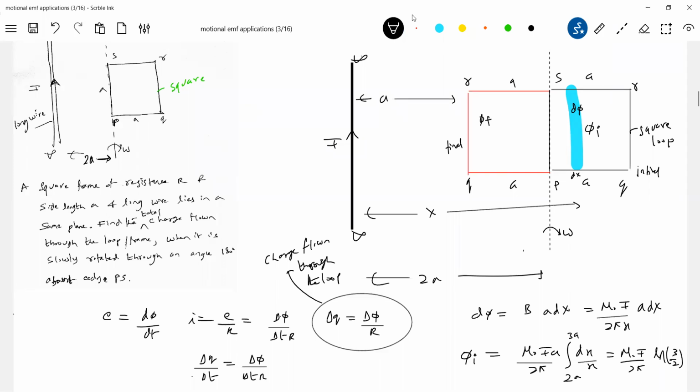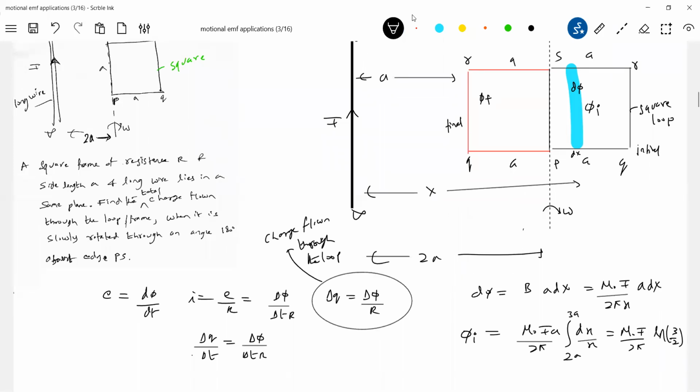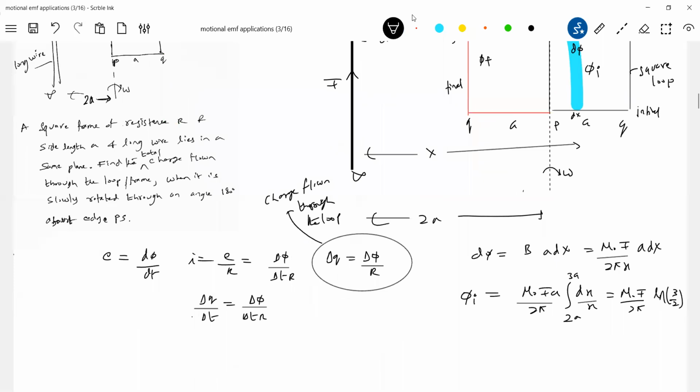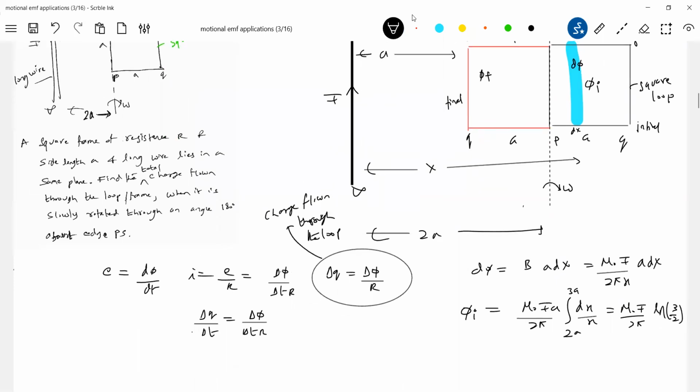Similarly, can we calculate the final flux? What should be the limit? Mu naught I a by 2 pi. The limit should be a to 2a. So the change in flux is what? Divided by the resistance, it should be the required charge. It will be the charge flown through the loop.